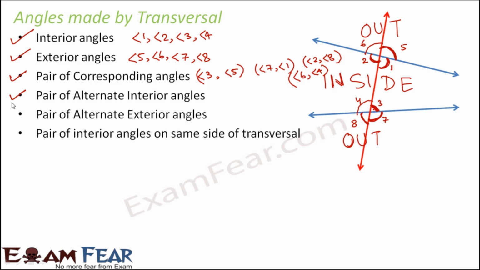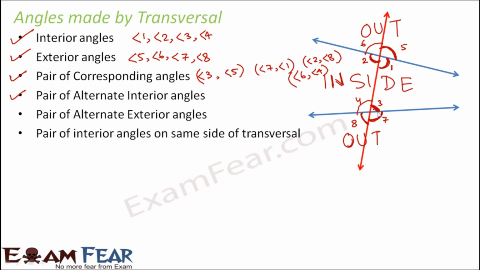Next we have alternate interior angles. These are also interior angles, but they are alternate interior angles. We have 4 interior angles, right? 1, 2, 3 and 4. So alternate interior angles would be 2 interior angles which are located on alternate sides of the transversal. For example, angle 2 is located on the left hand side of the transversal, angle 3 is located on the right hand side.